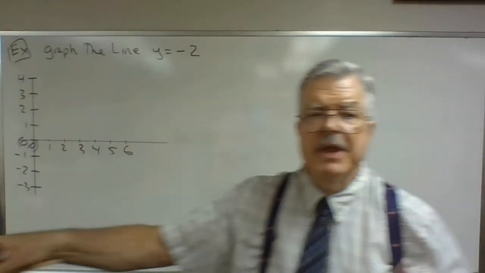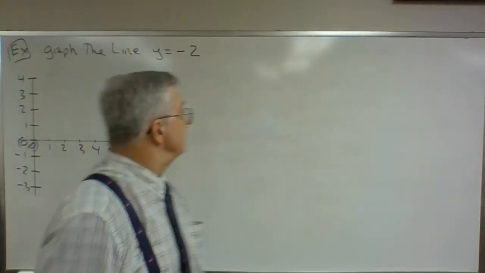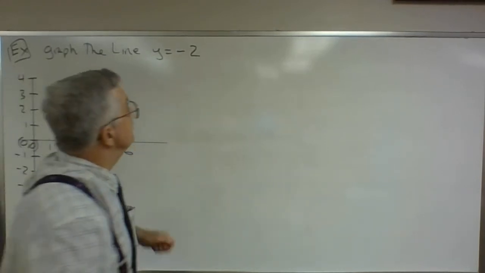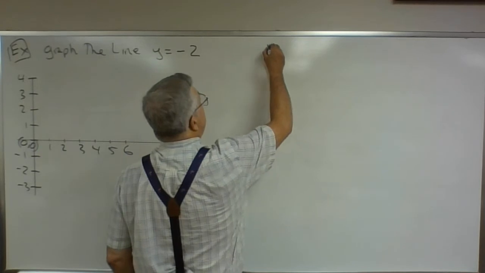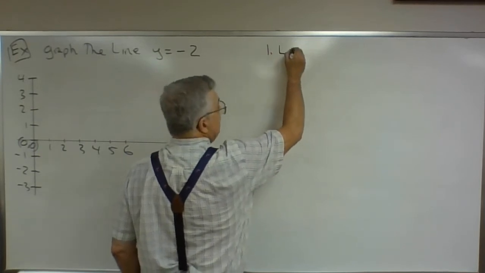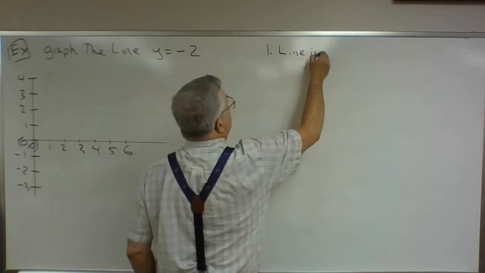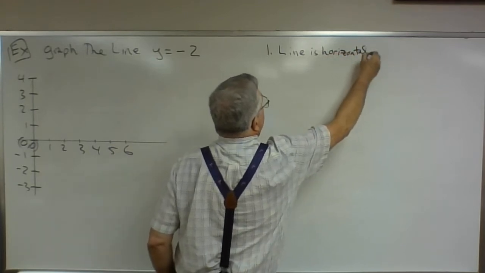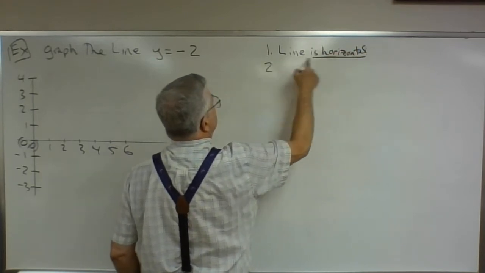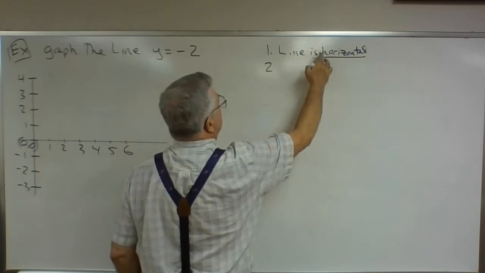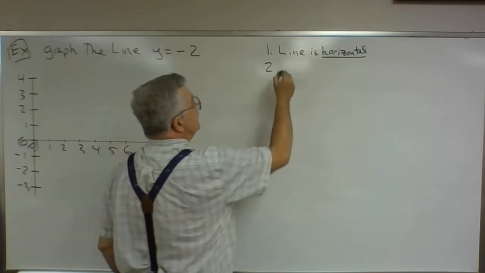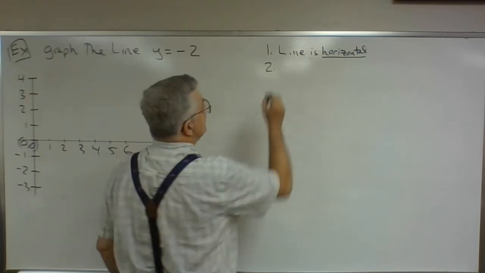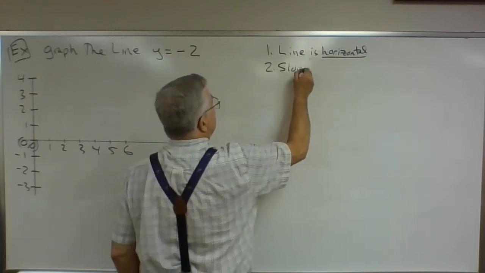Okay, what do we know about this line right off the bat? It's y equals some number. So right off the bat, the line is horizontal. Let's see, what else do we know? If it's a horizontal line, the slope is 0.